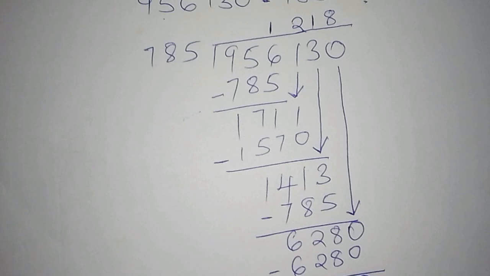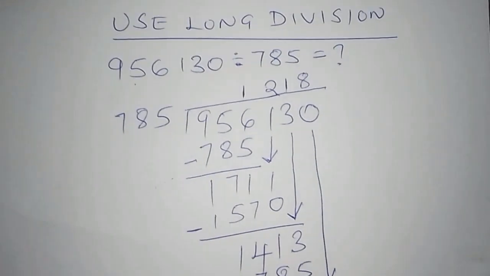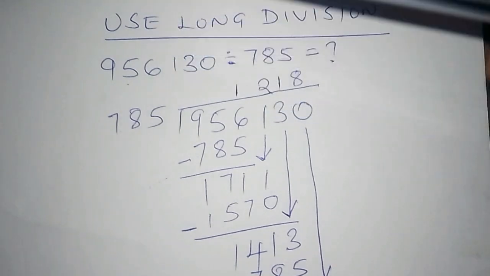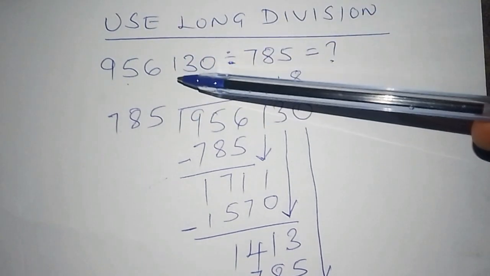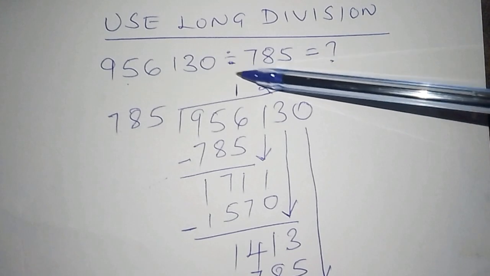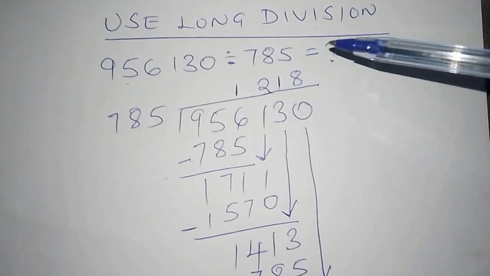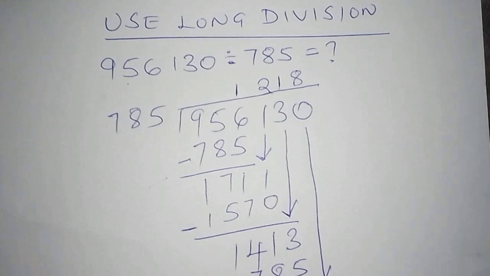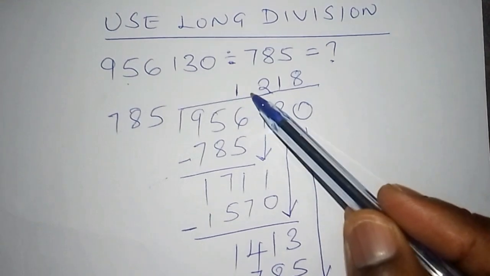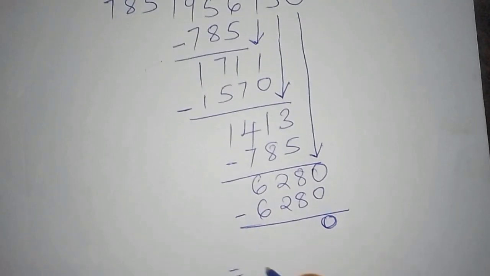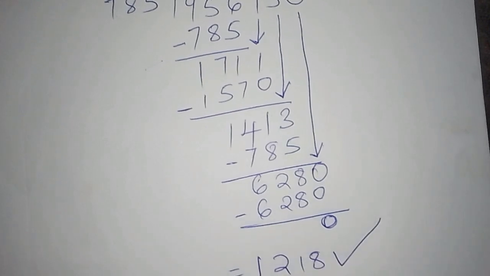So we now conclude by saying that 956,130 divided by 785 is equal to 1218. So our final answer is 1218, and that now becomes the correct answer.